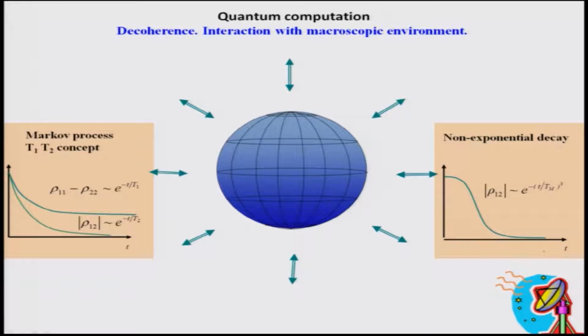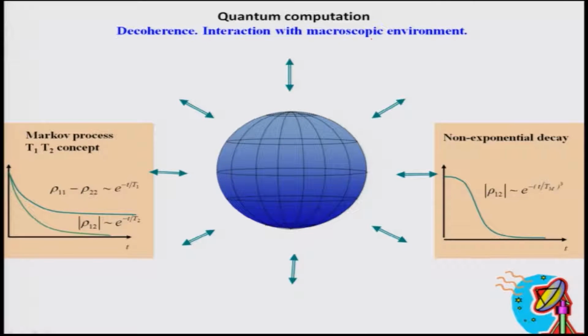So, the major aspects of quantum computing also lie in terms of decoherence and the interaction with the macroscopic environment, because the essential quantum nature of the system diminishes: there is a lifetime for which the quantum system will be able to preserve its information, and that is the part which is important.